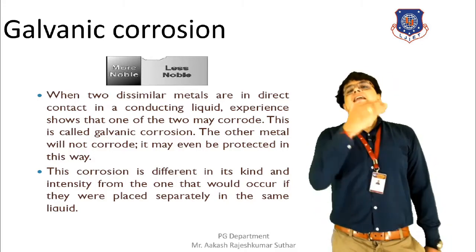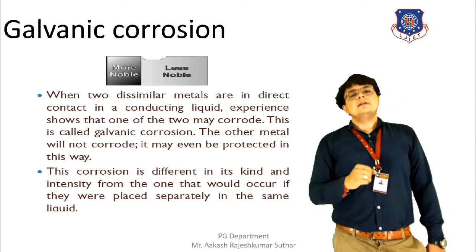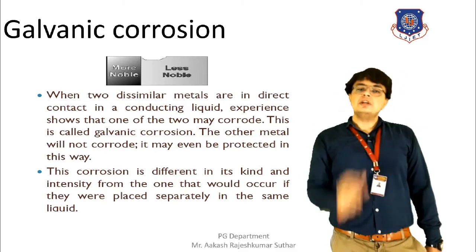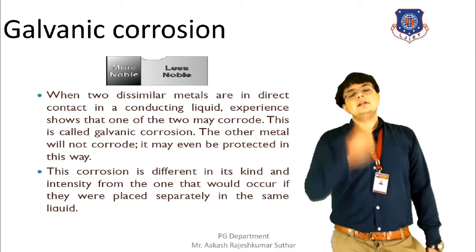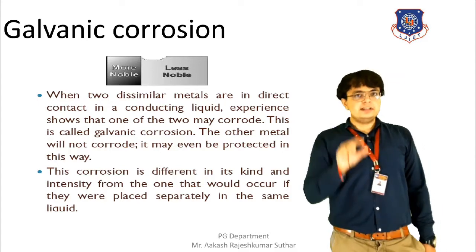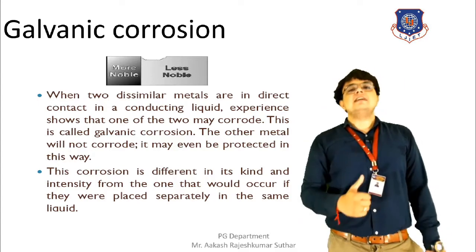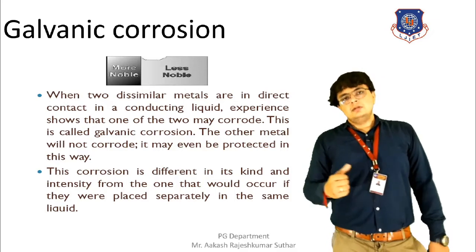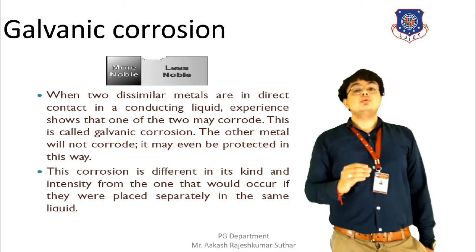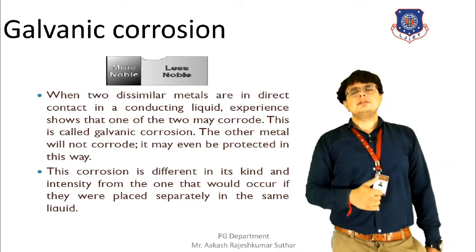By increasing the area of the anode in comparison to the cathode, we can reduce the intensity of the corrosion, because the surface area does matter. So by increasing the surface area of the anode, we can reduce the intensity of the corrosion, and by this the galvanic corrosion can be prevented. This is how galvanic corrosion occurs.